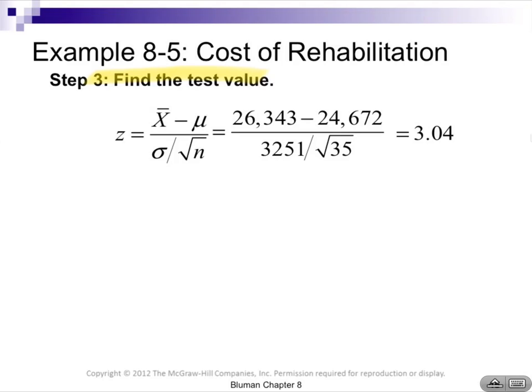So we put our values in here, our x bar, our mu, our sigma, and our population size. And sigma, I think we might have had to get from 1-var stats too. I don't remember now if that problem said the sigma, but if it didn't, then you had to get that when you ran your stats. So we have 3.04 as our test value.